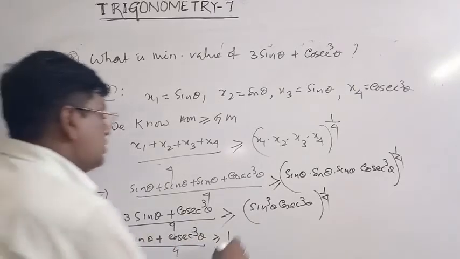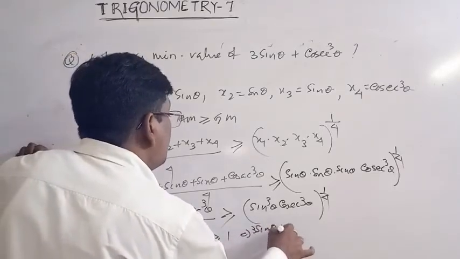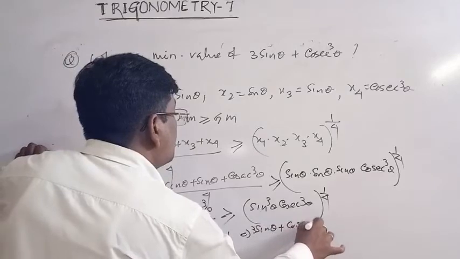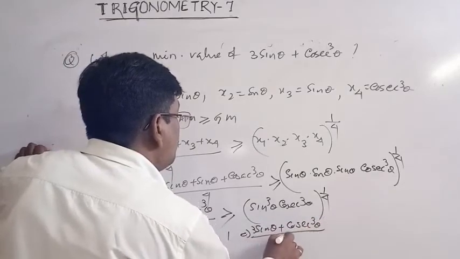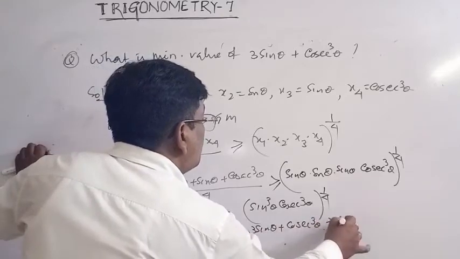Okay, so this implies 3 sin theta plus cosec cube theta is greater than or equal to 4.